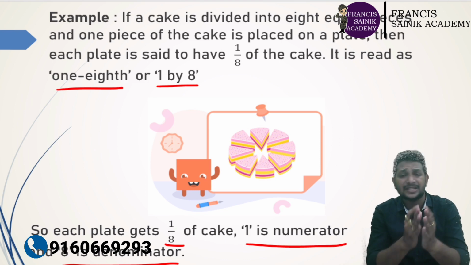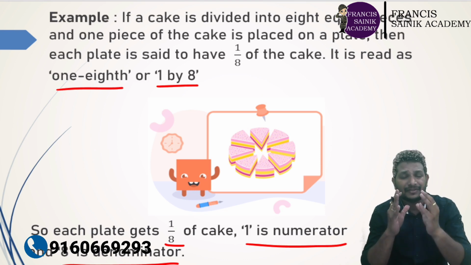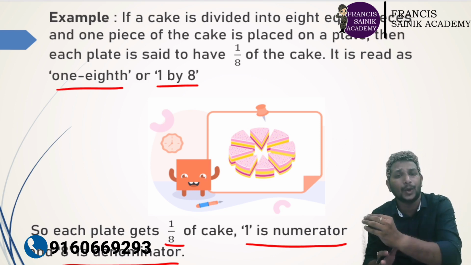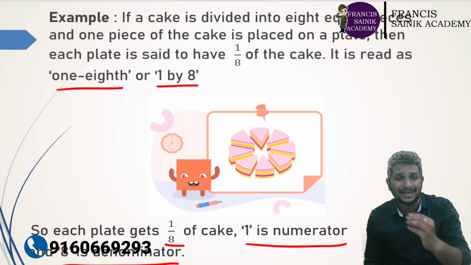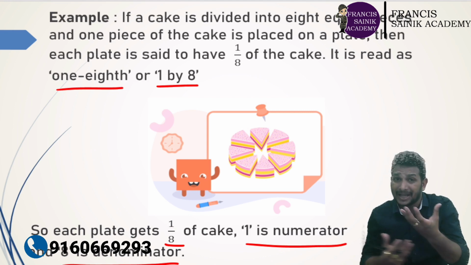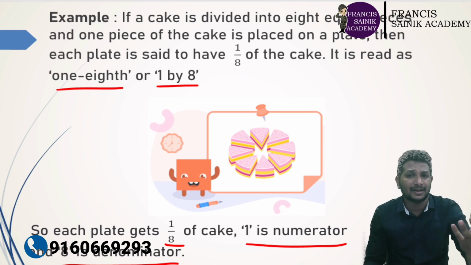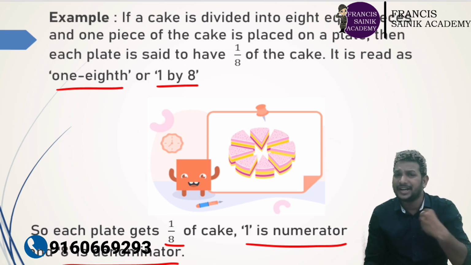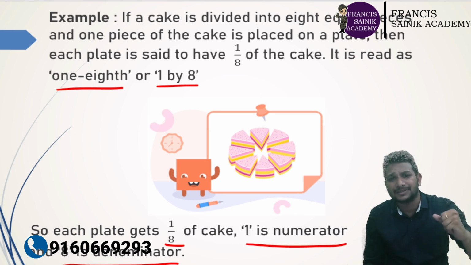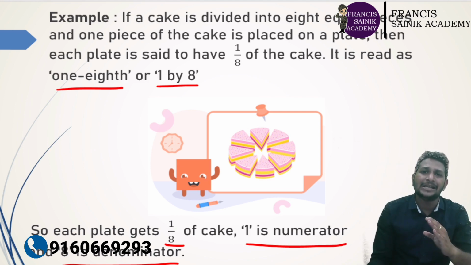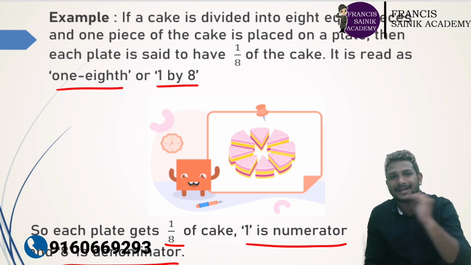From this example, it's very clear that in a fraction, the part of a whole means the total number of equal parts which are divided is in the denominator, and the parts which are consumed or shaded will be in the numerator. Here, in 1 by 8, one piece of cake on each plate, 1 is the numerator, and the total equal parts, 8, is the denominator. Clear?